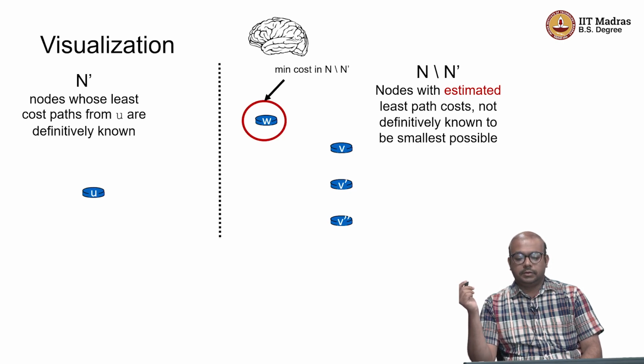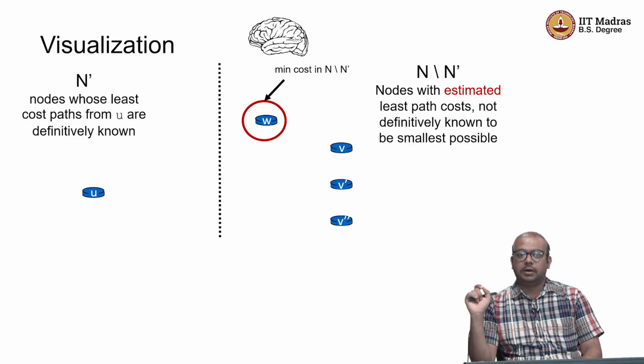Okay. So, minimum cost in N minus N prime is of W. So, if you look at all the nodes in N minus N prime, dW is minimum, okay, which means that there is no other alternate path cost to W possible, because the edge weights are positive.